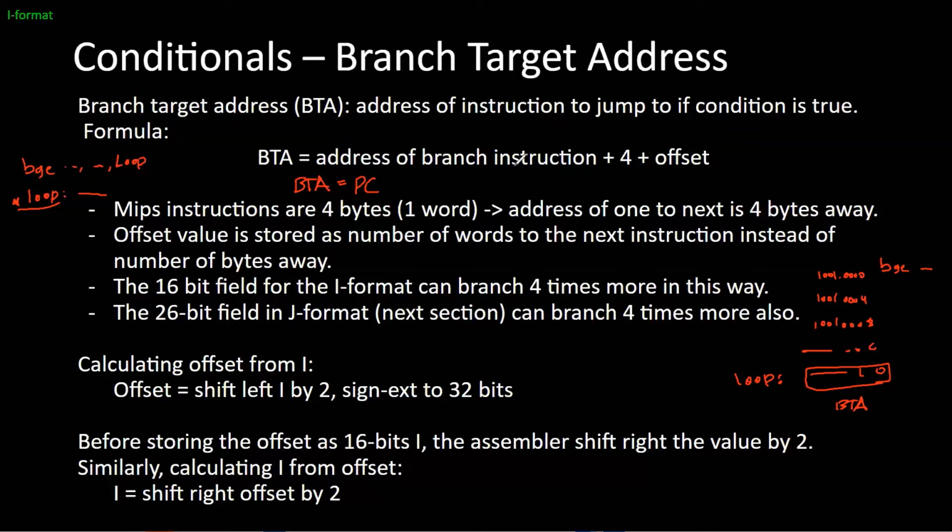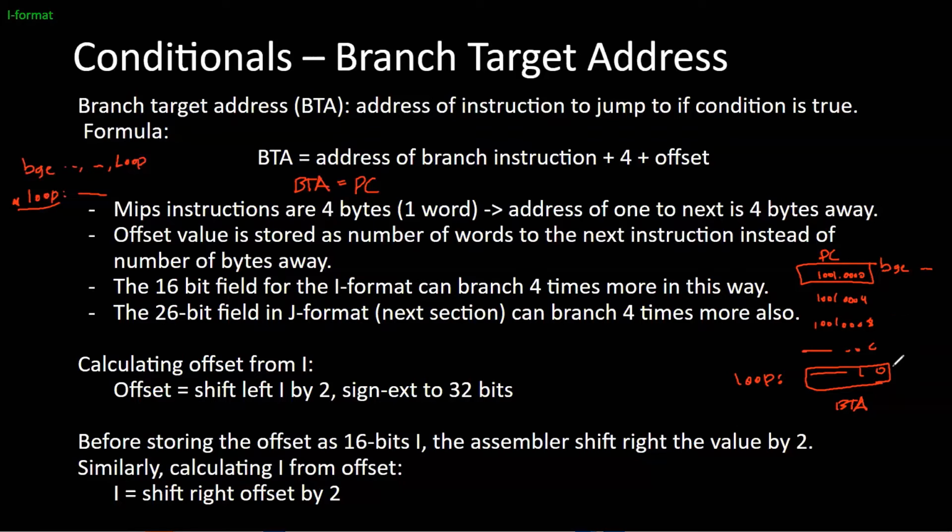The address of the branch instruction is going to be the program counter, or the current line. So if my BGE is here, the address of the branch is this address. That is where I am in the code right now. Because here the goal is to calculate the offset.